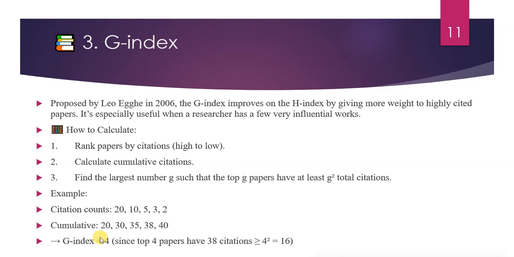The G-index is equal to 4 because 4 papers have at least 16 total citations.